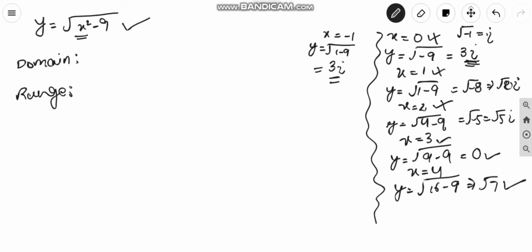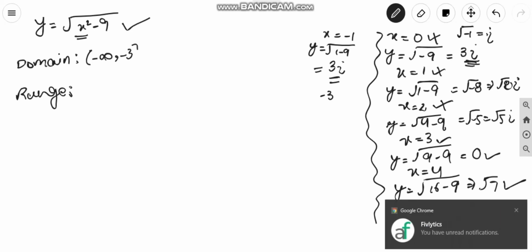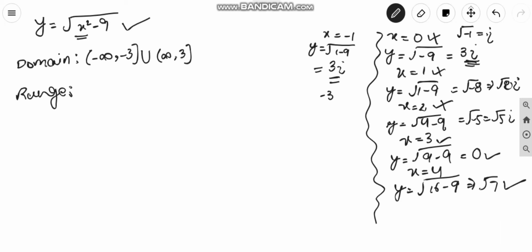We cannot put a number that is greater than -3 and less than 3. So our domain will be -infinity to -3 and 3 to infinity. We cannot put the numbers greater than -3, for example -2, -1, and we cannot put the numbers less than 3, for example 2, 1 and 0.